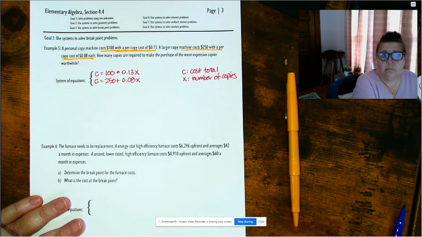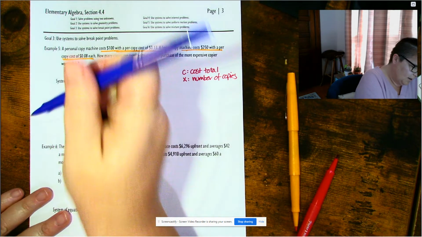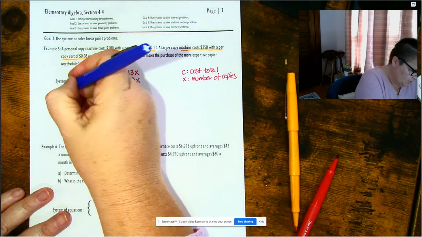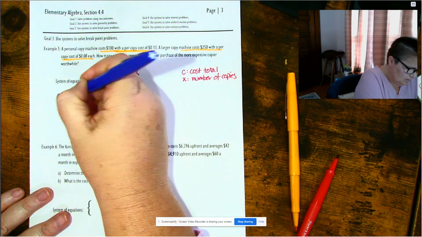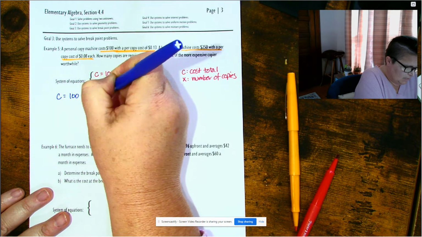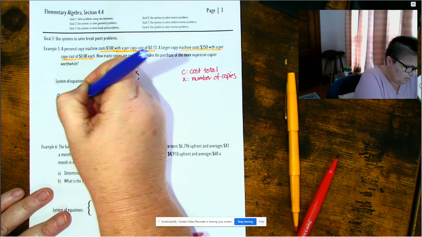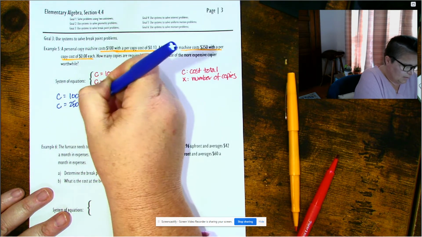Okay? Good? This gives me two equations, and from here, I can solve. So C is 100 plus 0.13x, and C is 250 plus 0.08x.